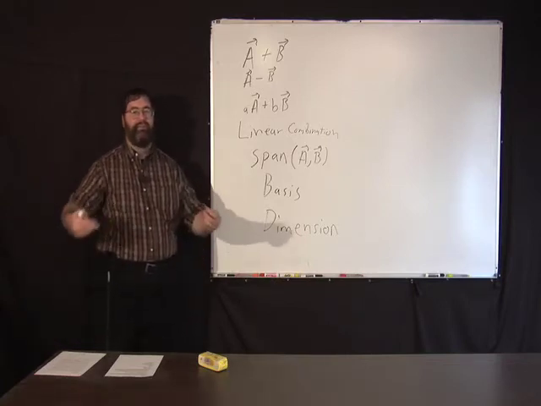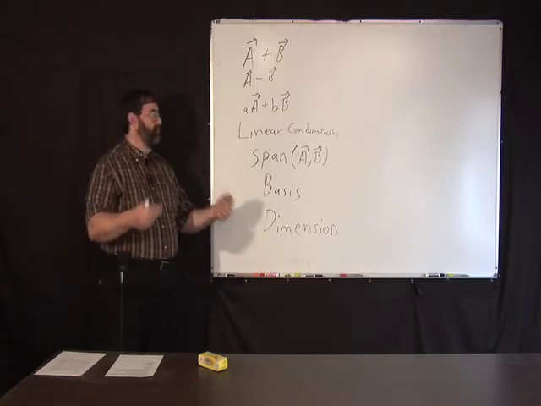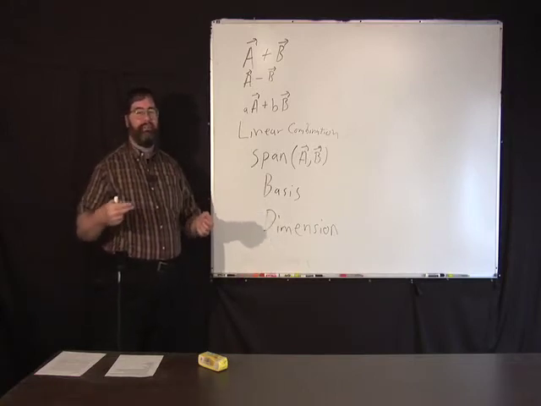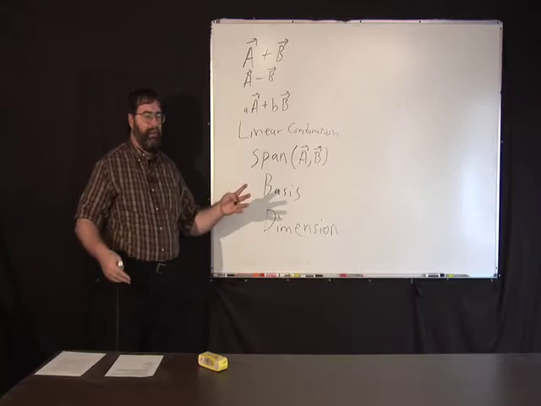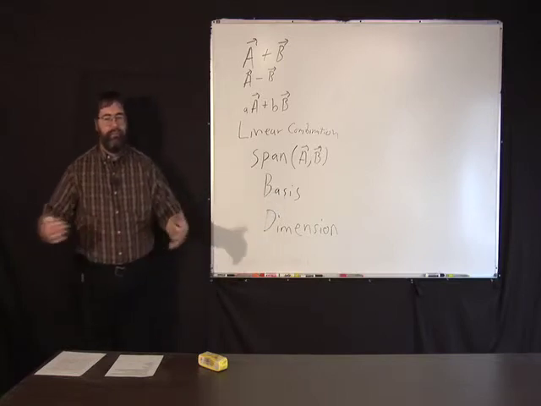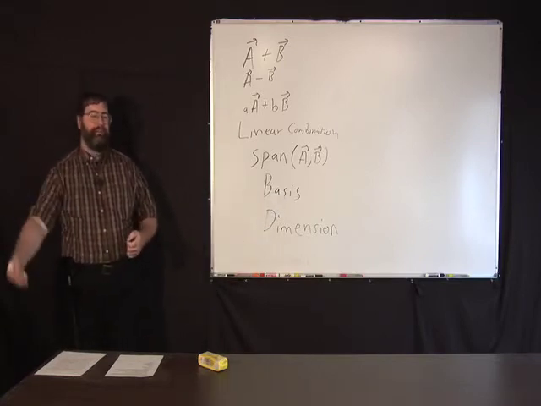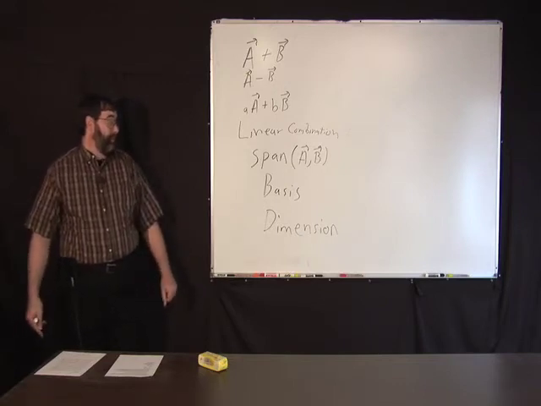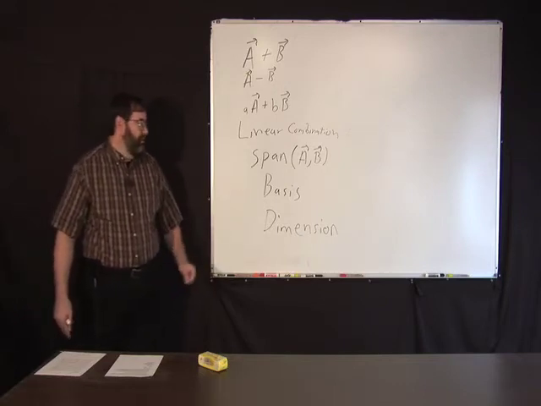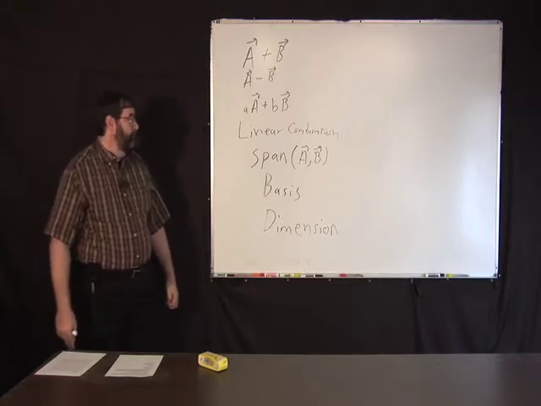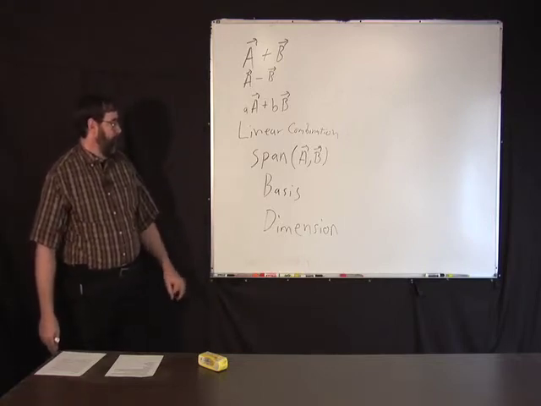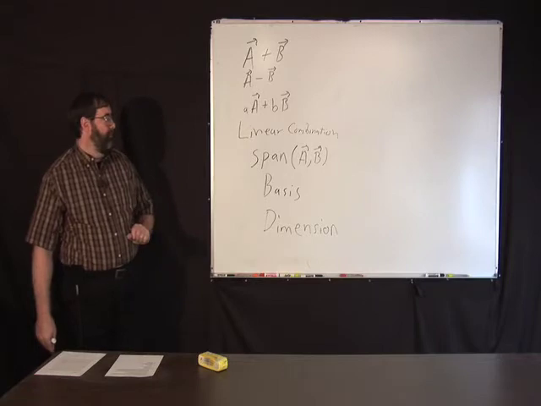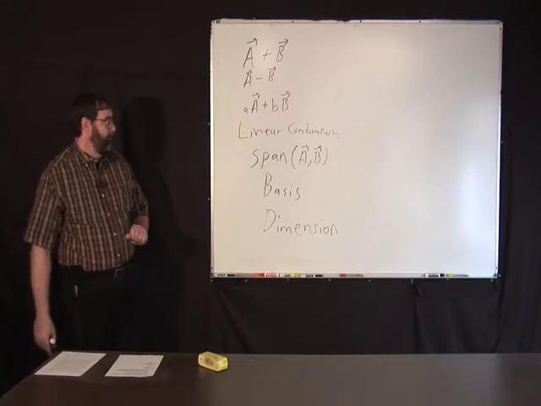So when you talk about 2D space, it means you need two things to specify everything in that space. Generally, we live in a 3D world, so you need three vectors to specify all points in space. So your basis has three vectors in it. Those are all concepts associated with vectors.